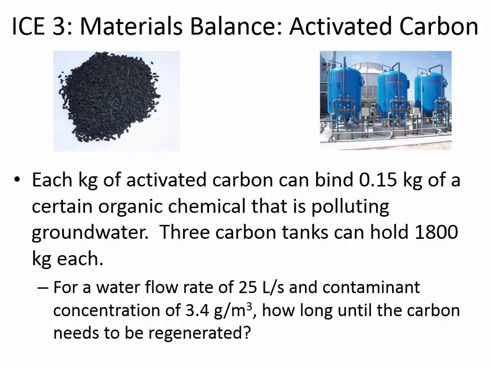If we have grams per second and kilograms, that tells you what to do: change it from kilograms to grams, divide by the mass flow rate, and in the end we have 110.3 days, and then the pollutant will have filled up the capacity of the activated carbon to absorb it. Okay, any questions about this in-class exercise?